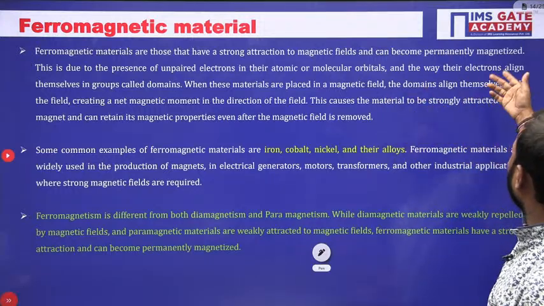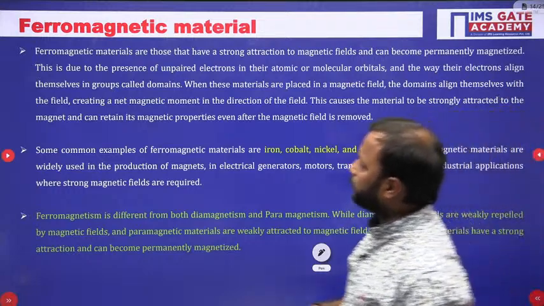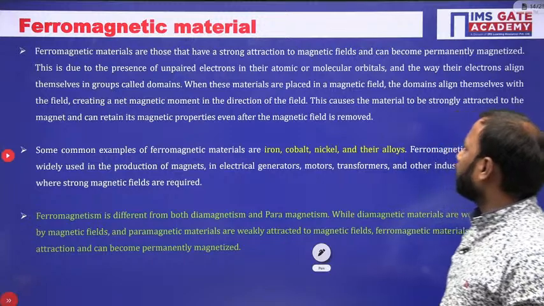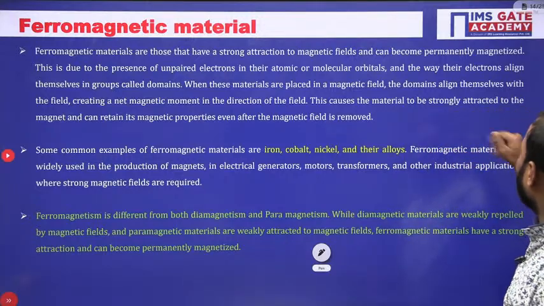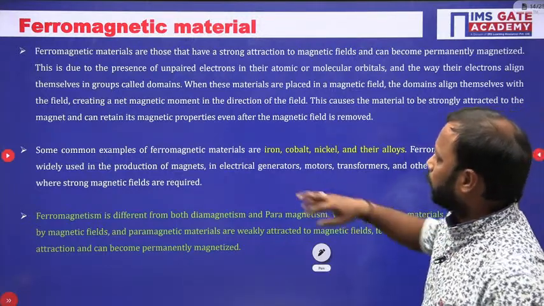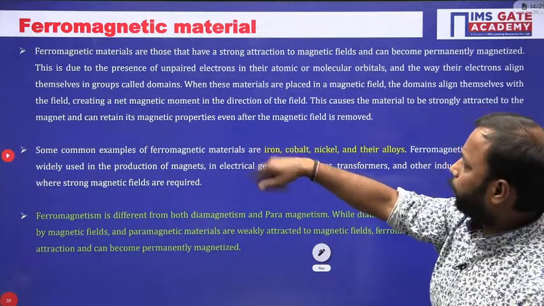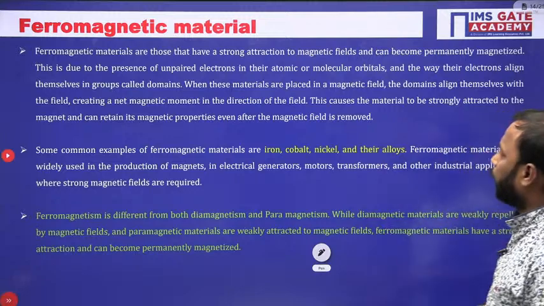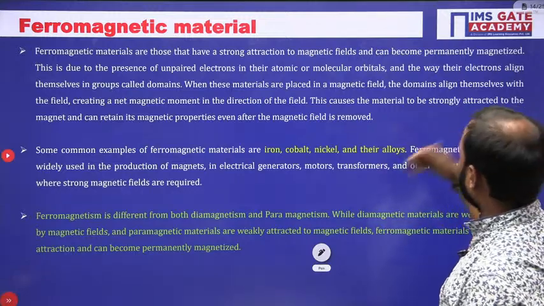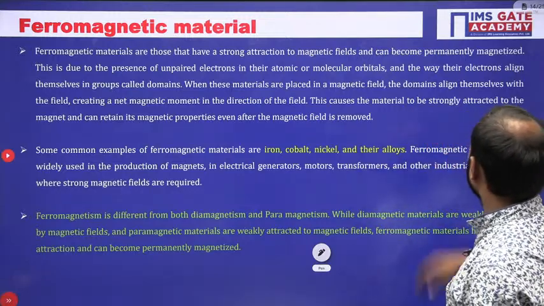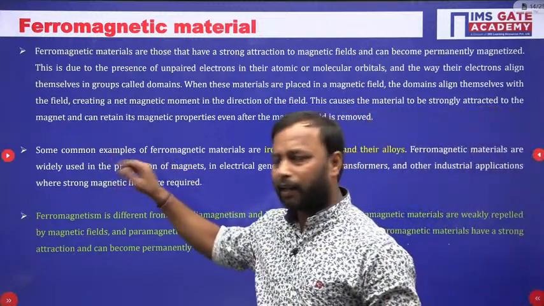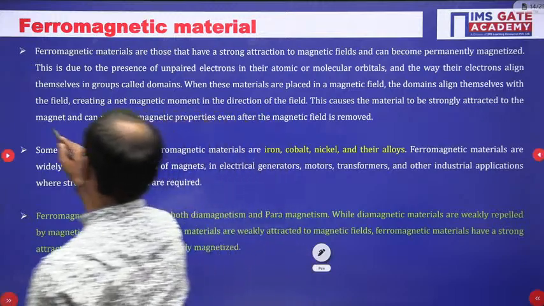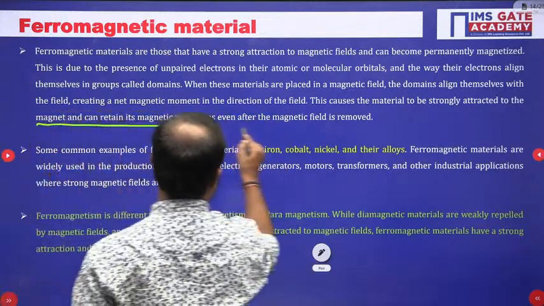Their electrons align themselves in groups called domains. When these materials are placed in a magnetic field, the domains align themselves with the field, creating a net magnetic moment in the direction of the field. This causes the material to be strongly attracted to the magnet and to retain its magnetic property even after the magnetic field is removed. So it is a very important line.